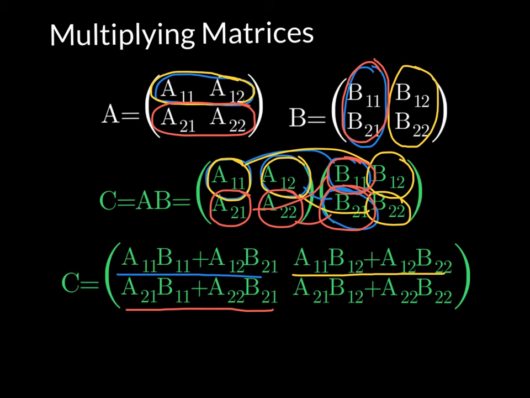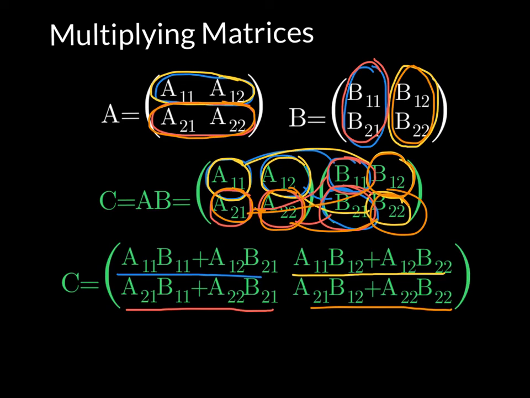Lastly, the last element that we will look at is C22, and that is found by combining the second row of matrix A and the second column of matrix B. So we have A21 multiplied by B12, and that is added to A22 multiplied by B22. So that's the process that we follow.